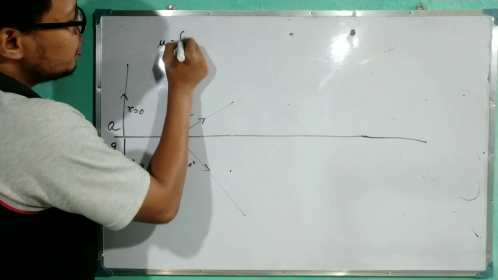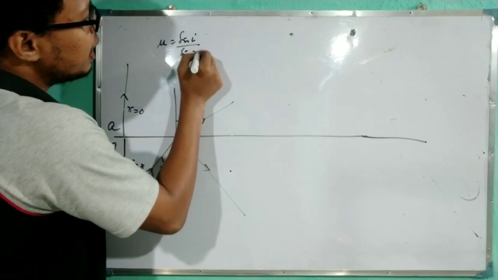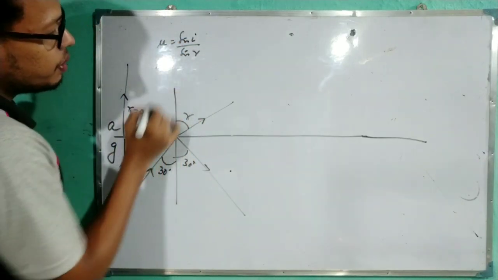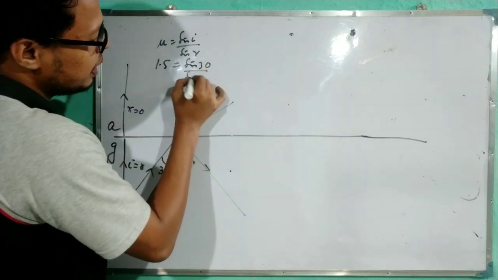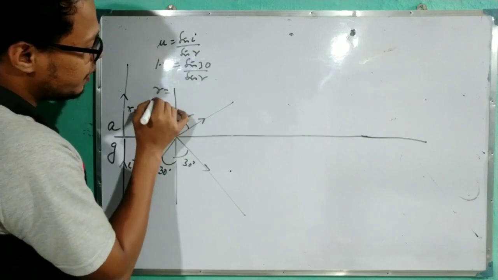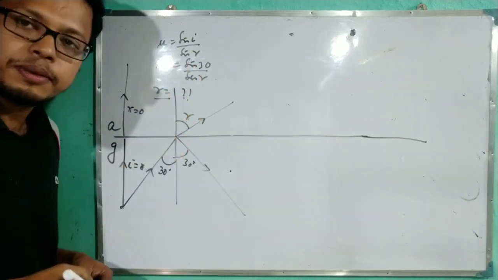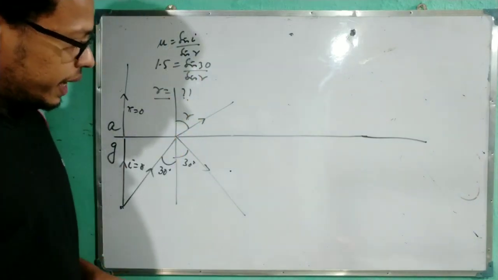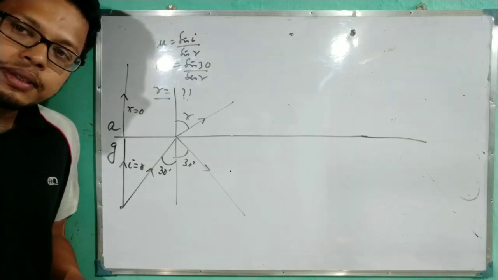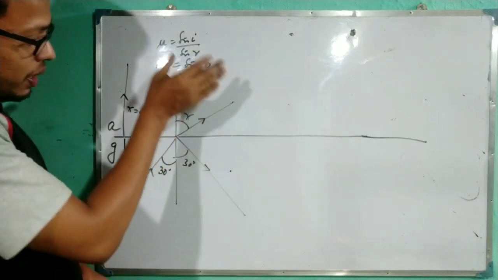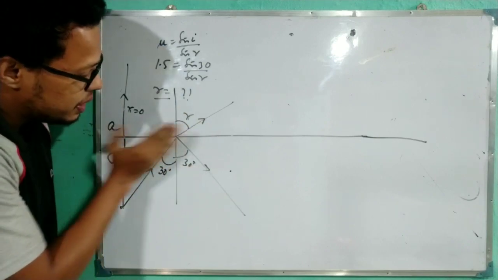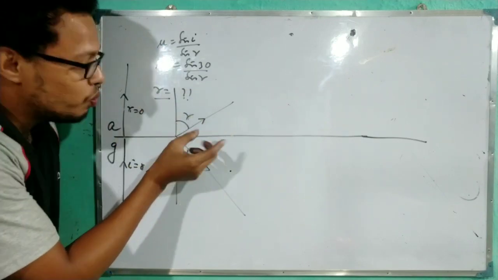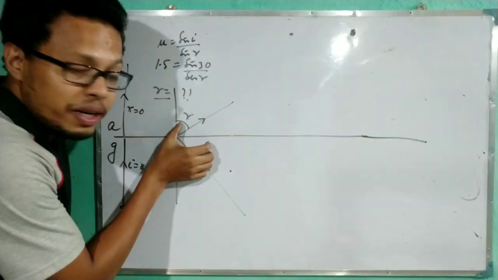See, mu equals sine I divided by sine R. So mu 1.5 for glass equals sine 30 divided by sine R. So you can easily find out the value of R from this relation. Now again, if we increase the angle of incidence, then R will increase also. So one time will come when R will be 90 degree.